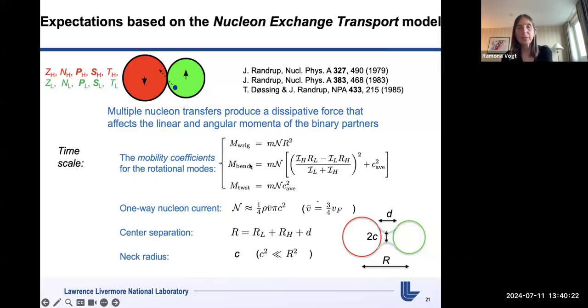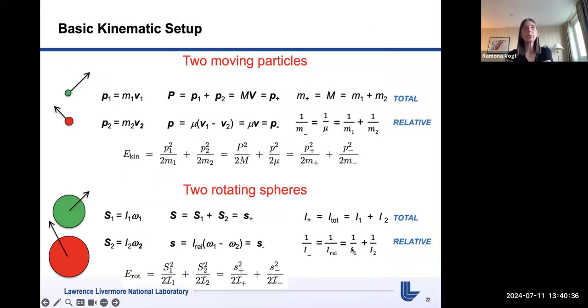So these are the mobility coefficients for the various modes, and they depend on the current of the nucleons in one direction, the separation between the two centers, and the neck radius. So you have these two moving fragments. They're moving away from each other with a total and relative mass.